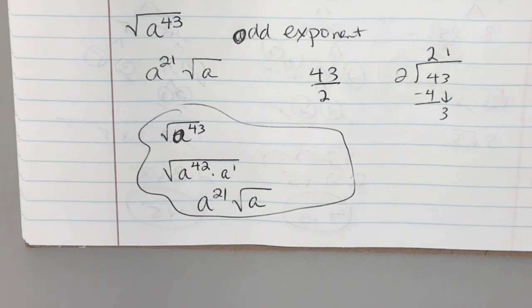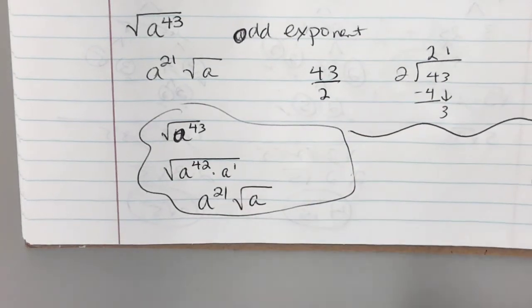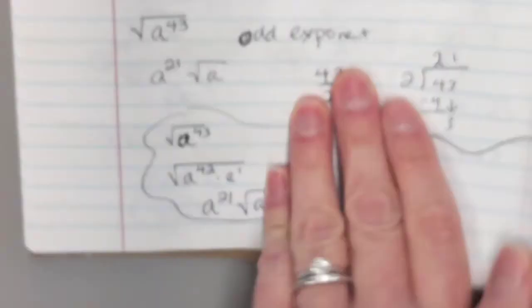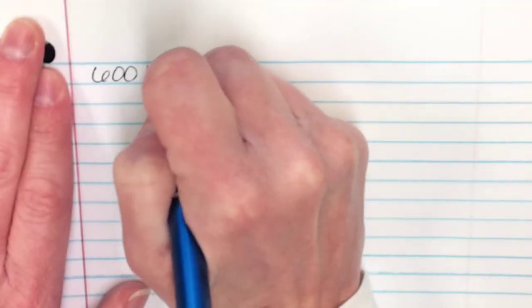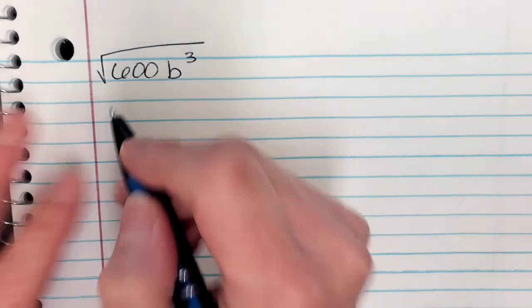I'm going to do one last example on this. Let's do 600 b to the third all inside of the root. So sometimes we're going to blend together numbers and variables. It's kind of like two pieces in one.